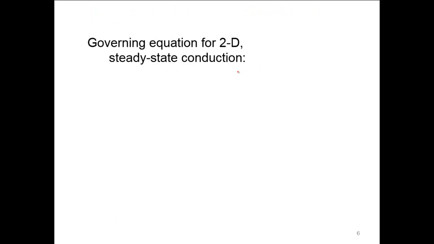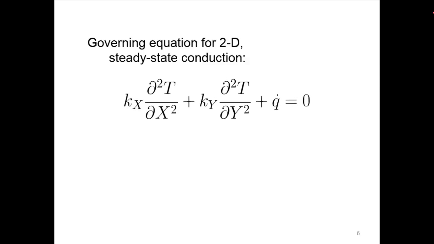All right. So the actual governing equation then for 2D steady-state conduction is this. So we have the conduction coefficient out front in the x direction times the second derivative of the temperature with respect to x, plus the conduction coefficient in the y direction times the second derivative of the temperature with respect to y, plus this new term that actually wasn't in the Fourier's law of conduction.